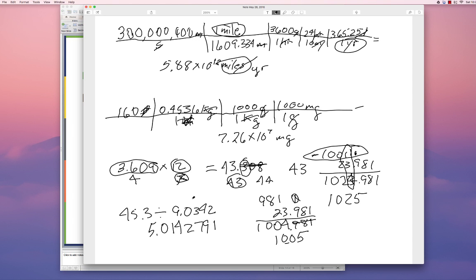Okay, this has 5 significant digits. 1, 2, 3, 4, 5. This has 3, so this is the controlling factor. So your answer has to stop at 3, which means you got to get rid of the rest of this. Since this is less than 5, you round down to 5.01.